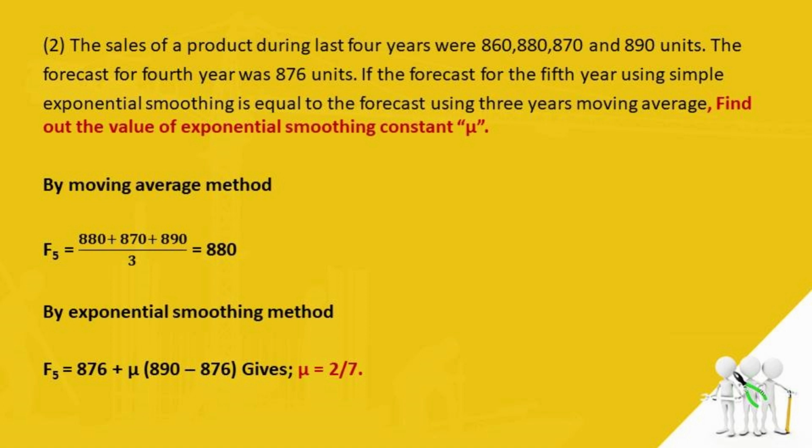Now what is given in this particular question? We have sales of a product during 4 years, that is 860, 880, 870 and 890 units, and the forecast calculated by the forecasting team for the 4th year as 876 units. And here a condition is given: the forecast for the 5th year using the exponential smoothing method is equal to the forecast using a 3-period moving average method.